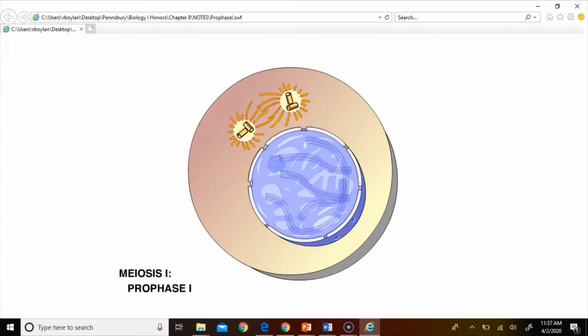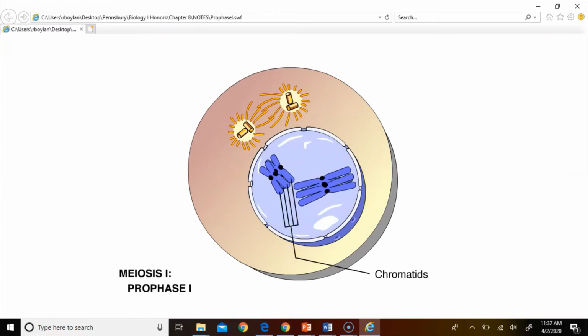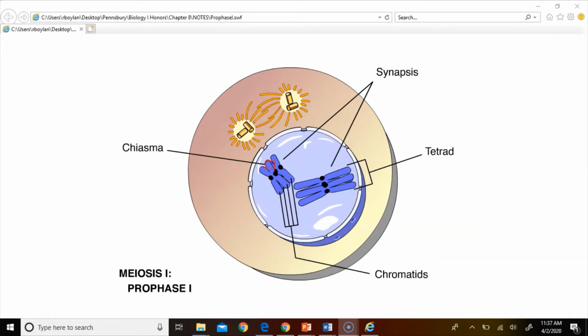Prophase I begins with condensation of the chromosomes. Homologous chromosomes, each made up of 2 sister chromatids, come together in pairs. This pairing is called synapsis. Each chromosome pair is called a tetrad, a complex of 4 chromatids. Chromatids of homologous chromosomes cross over each other and exchange parts at chiasmata, singular chiasma.